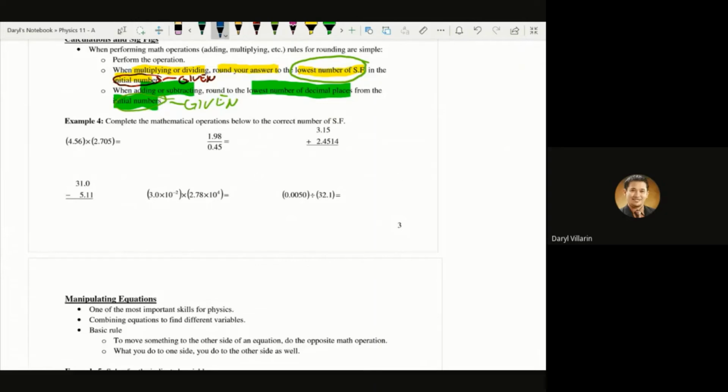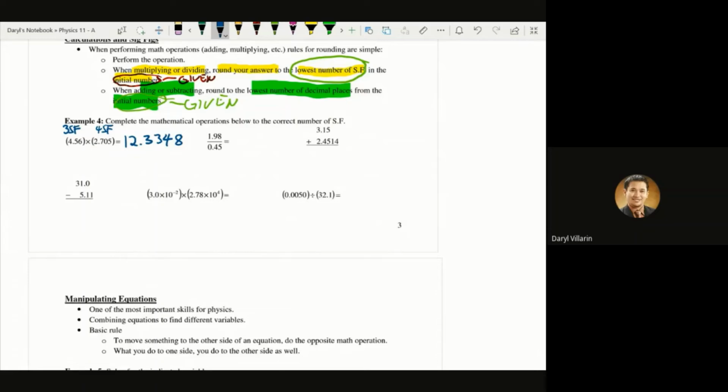So first things first, try to identify the number of significant digits. For the first number, you have 3 significant figures. The other one is 4 significant figures. So when you multiply this one up, you try to write the answer first. 12.334.8.